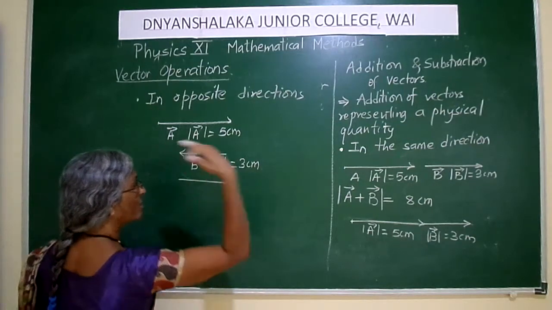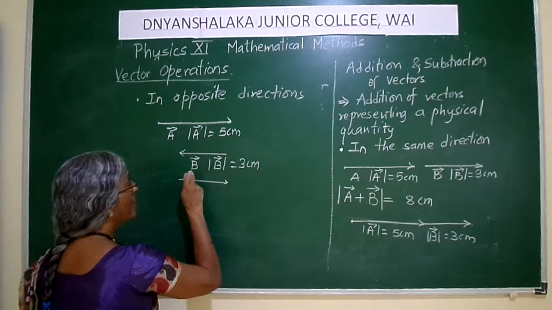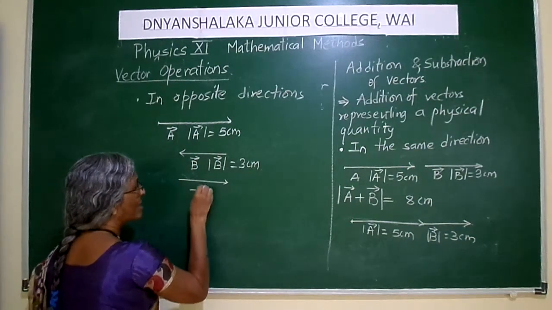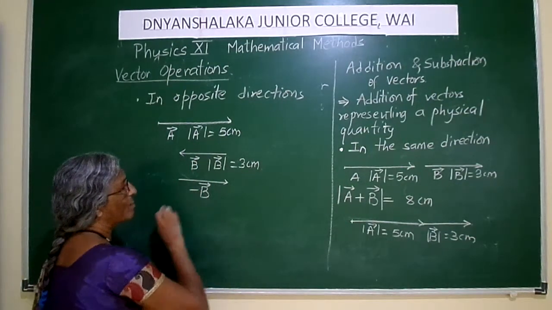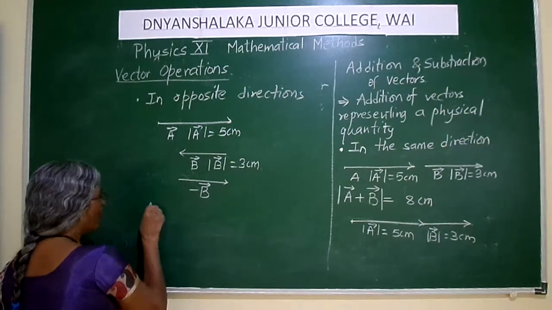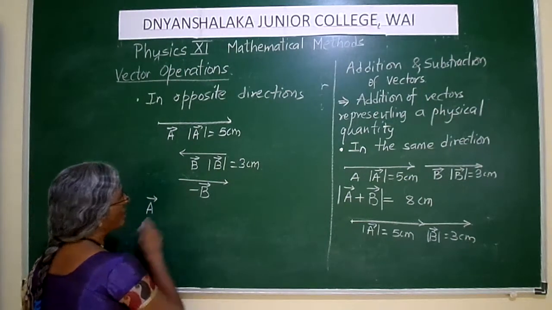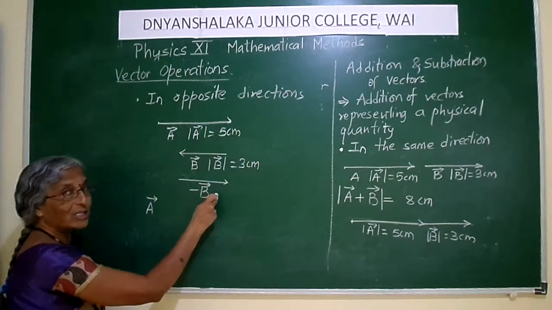But when I reverse the direction of a vector, it goes to a negative vector; this vector will become minus vector B. That means it becomes the negative vector. Then if I want to add vector A with vector B, this will be done. I can add these two vectors now.